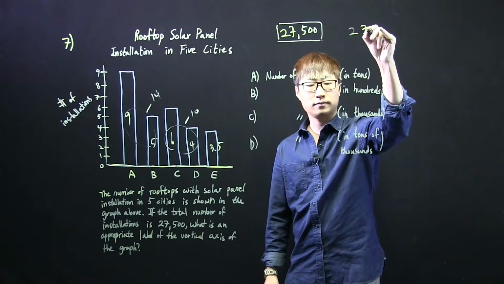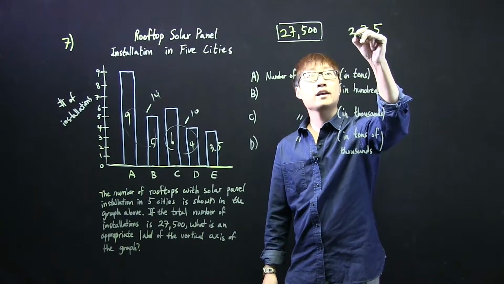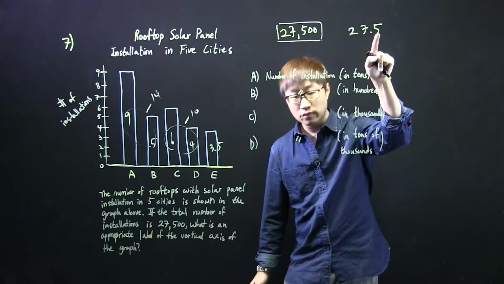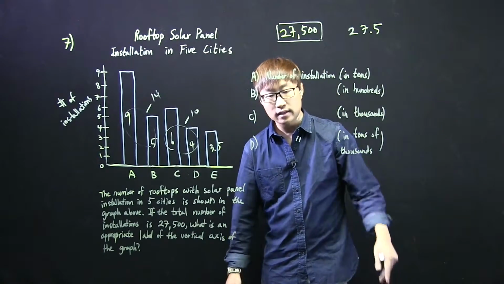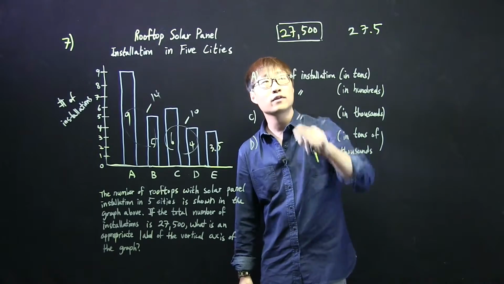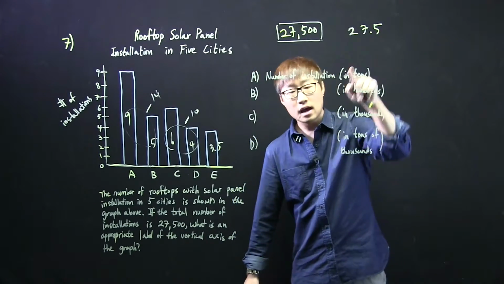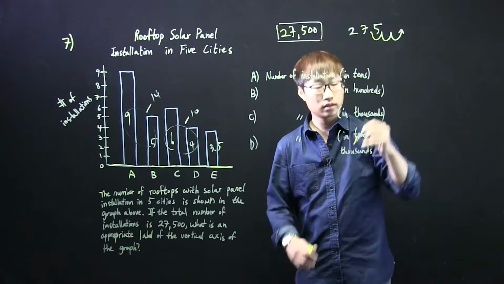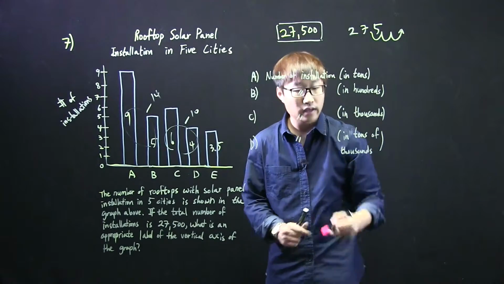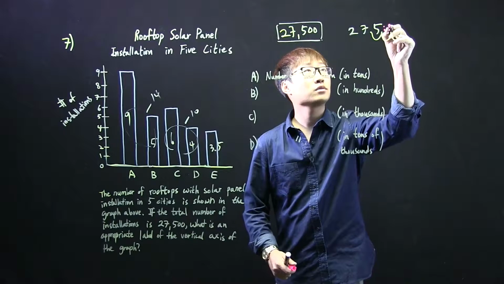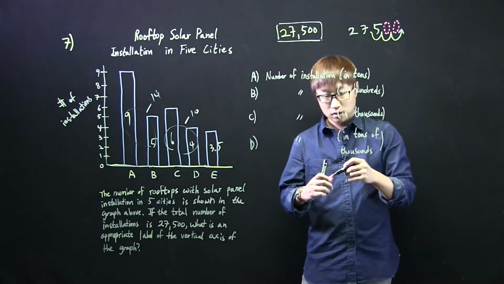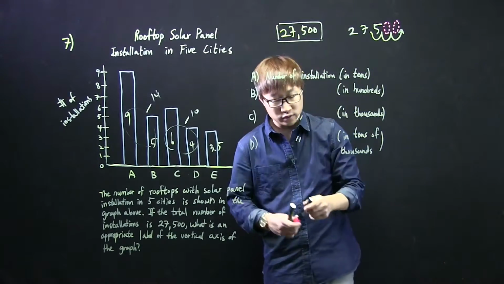Oh, look at the number. When I add them all up, the total installations come out to be 27.5. The actual number they said is 27,500, which means from here I have to go 1, 2, 3 and create the 2 missing zeros here, in order to match the 27,500, right?